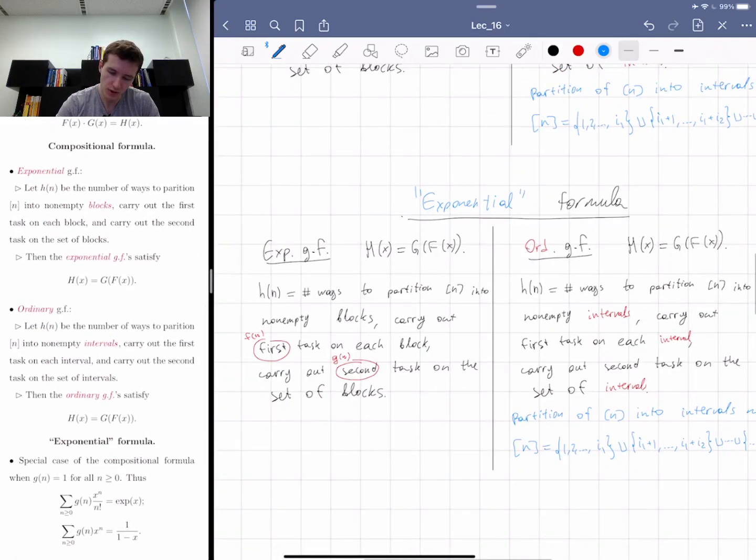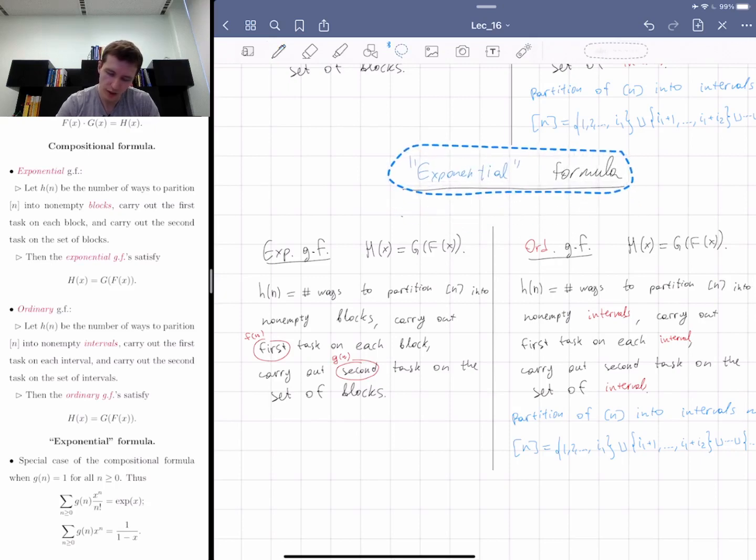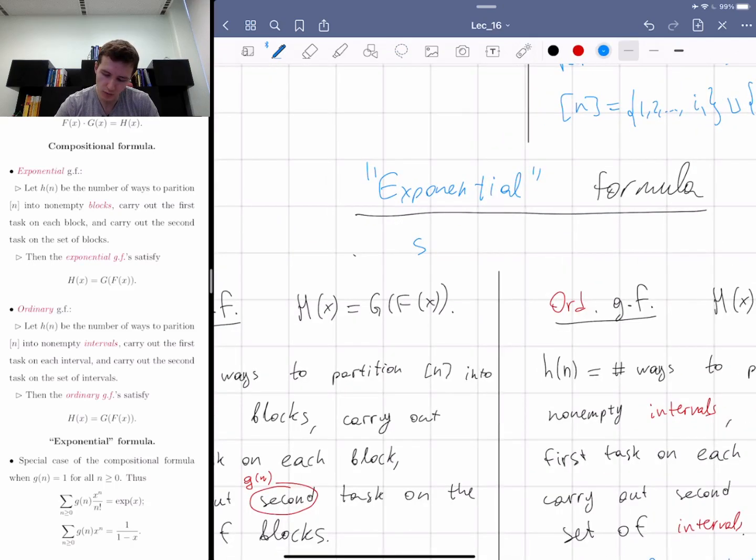here all you have to do is just, what I mean by that is the specialization where I'm going to assume that g of n is equal to 1 for all n. Because that's the specialization that we got on the left.